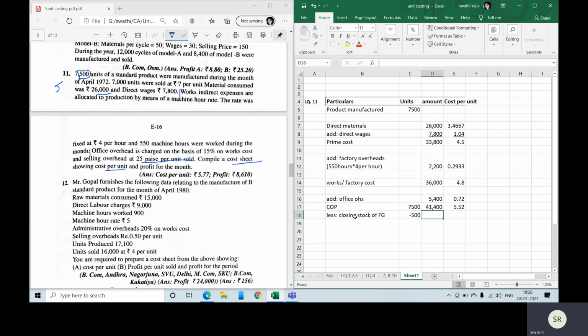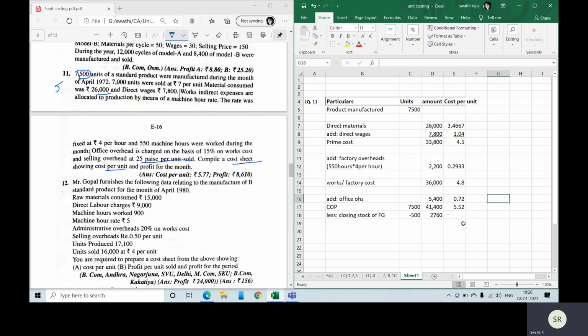Now the question arises, what is the cost and how do we value this? It is direct valuation. For 7,500 units it is 41,400. Then for 500 units it will be how much? Quickly doing it in my calculator. 500 into 41,400 divided by 7,500 will give me 2,760.